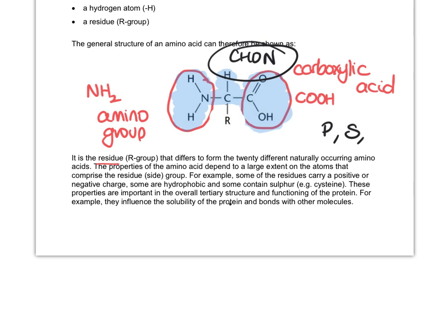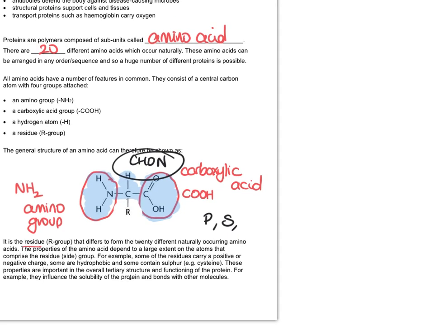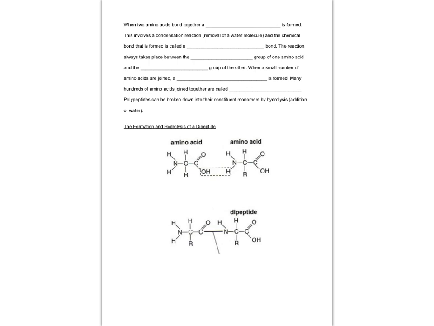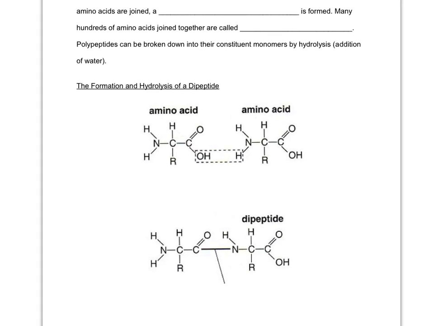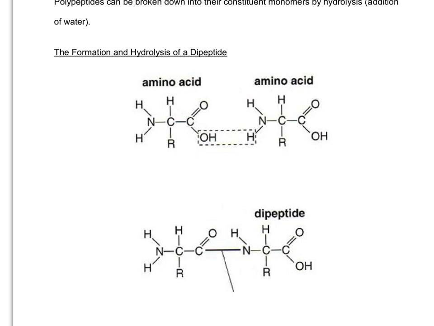When two amino acids join together, what's formed? What's the structure that's formed, Karis? A dipeptide. Good. And just like before, if we look at the diagram, there's our two amino acids.